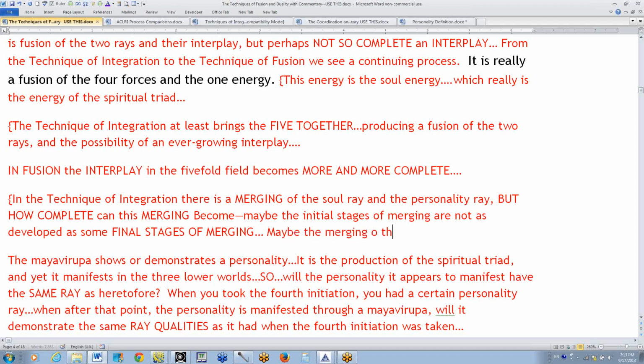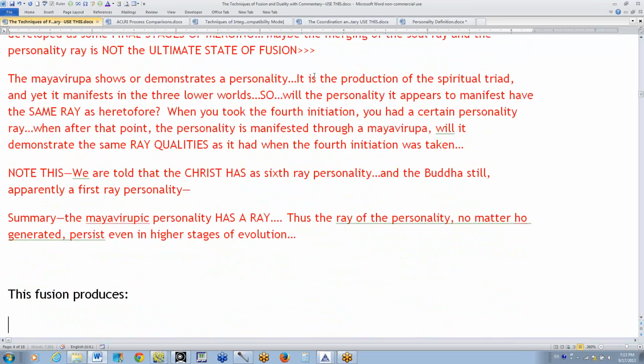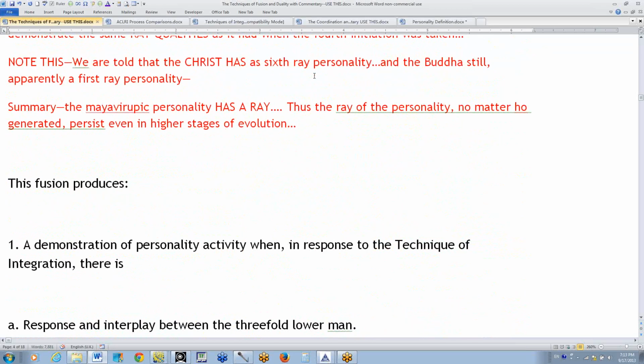Maybe the merging of the soul ray and the personality ray is not the ultimate state of fusion. Maybe that. Okay. So, now what does the fusion produce?